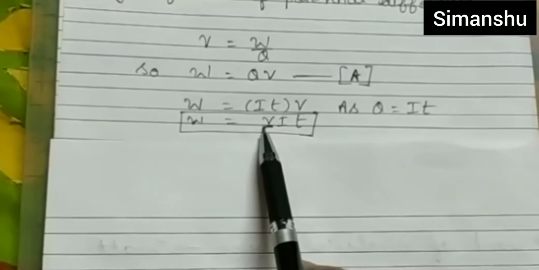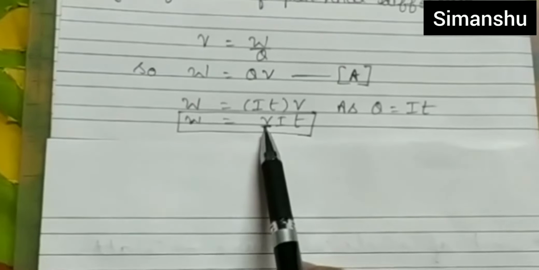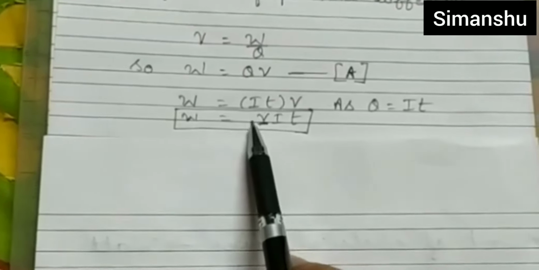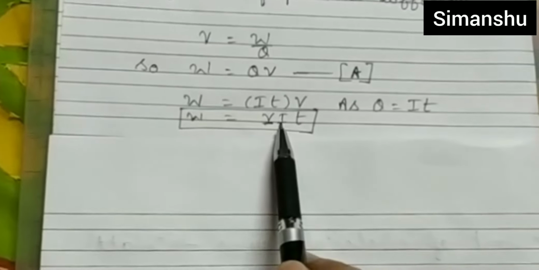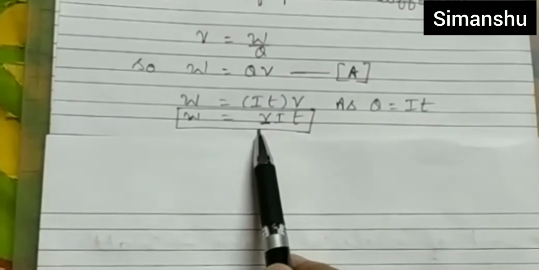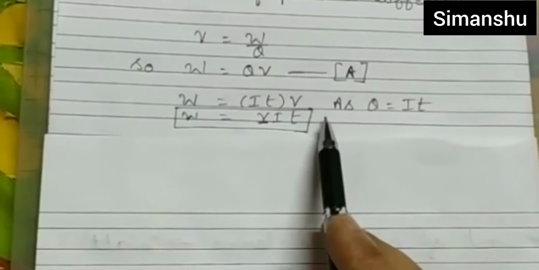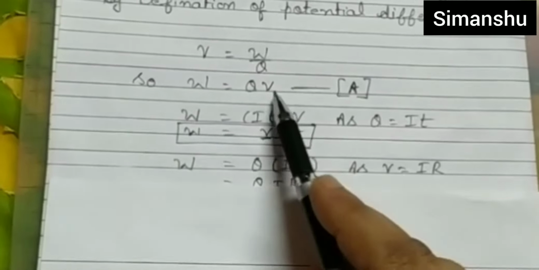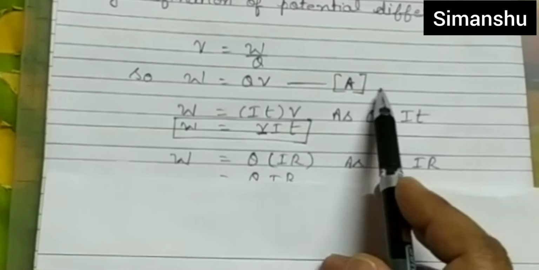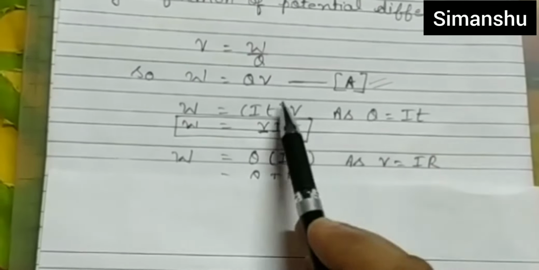Now, why I underlined V here: we can substitute the value of V also. As we know, V is equal to IR. We can put that value and get another formula. So first we are concentrating on equation A only.